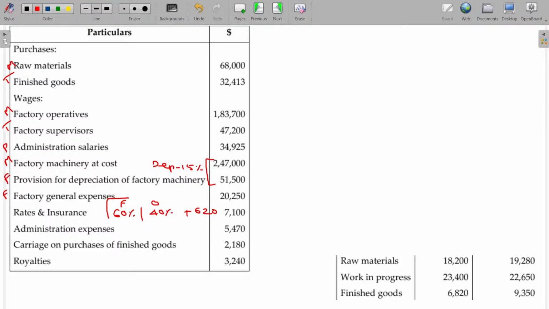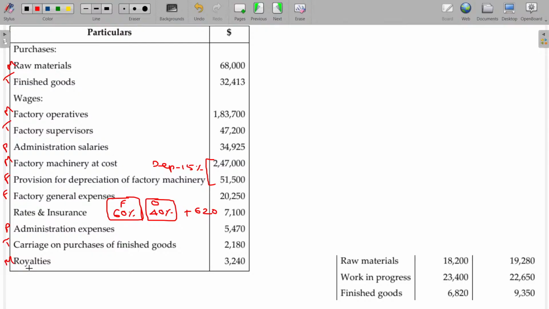Rates. This part will be in factory. This part will be in the P&L section. Administration expenses. P&L section. Carriage and purchase of finished goods. Okay, where will it come? Trading section. Carriage and purchase of raw material will be part of manufacturing section. In case of finished goods, it's a trading section. Royalty, direct expenses, like this is called direct expenses, coming under manufacturing cost.